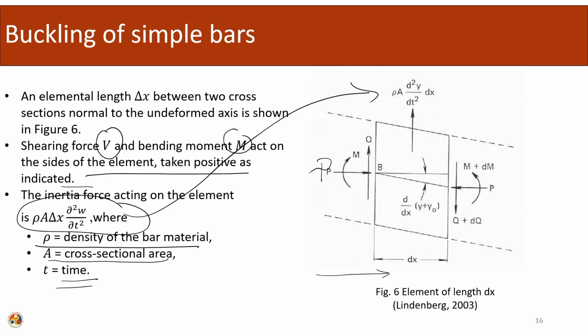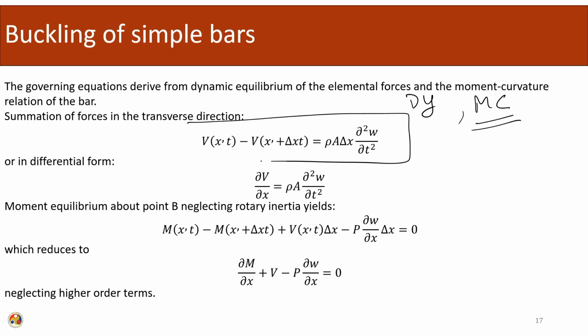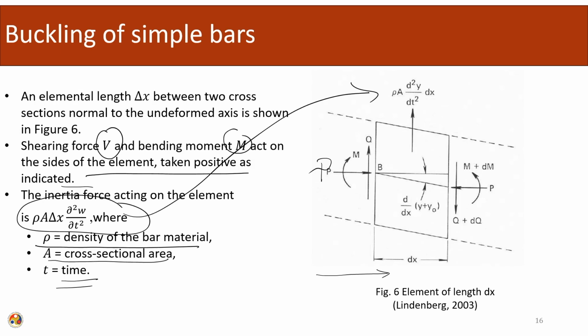So, the governing equations are derived from dynamic equilibrium of the elemental forces and the moment curvature relationship of the bar. What we are first doing is summing up the forces in the transverse, that is the vertical, direction.